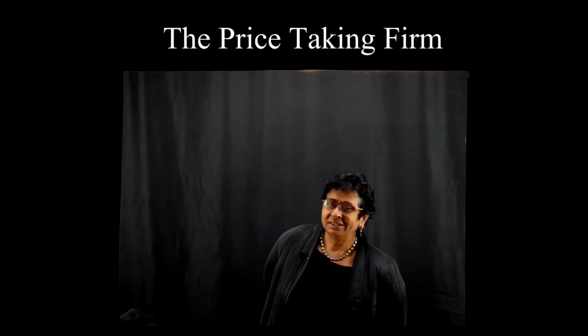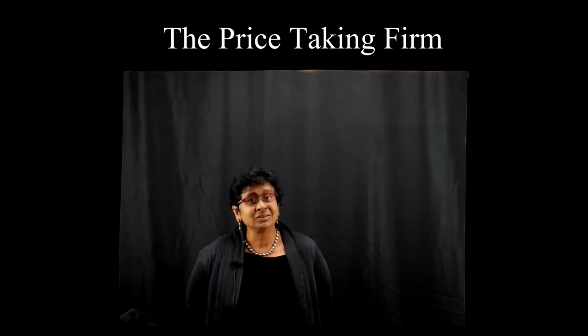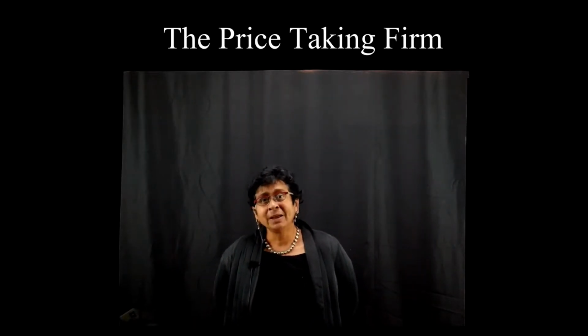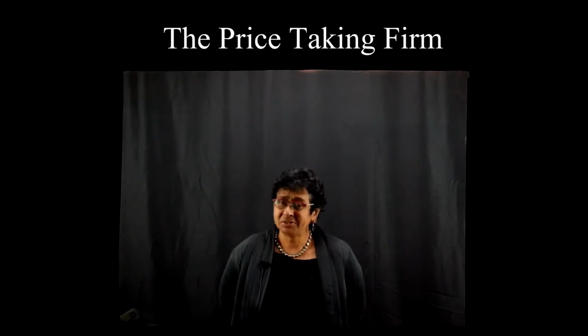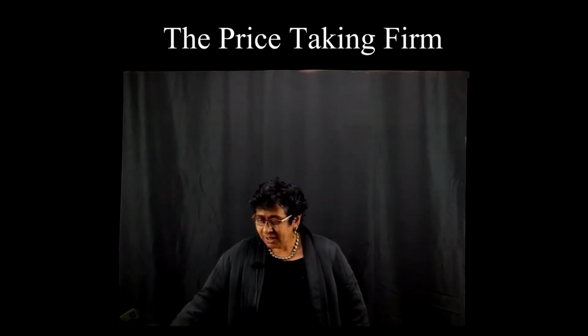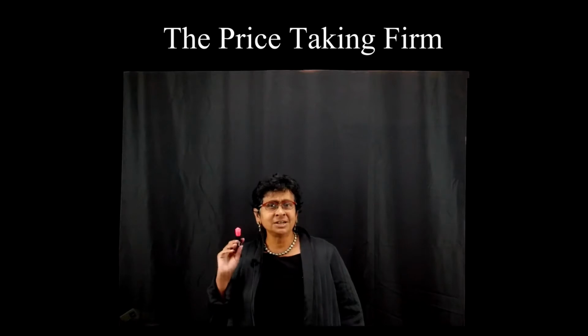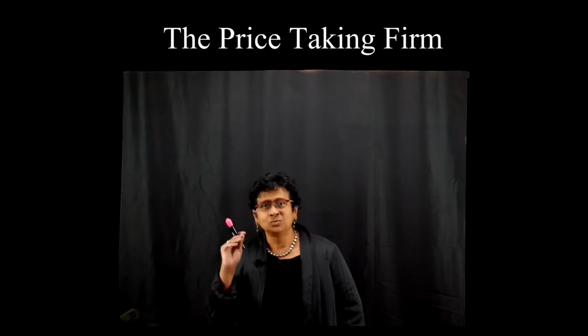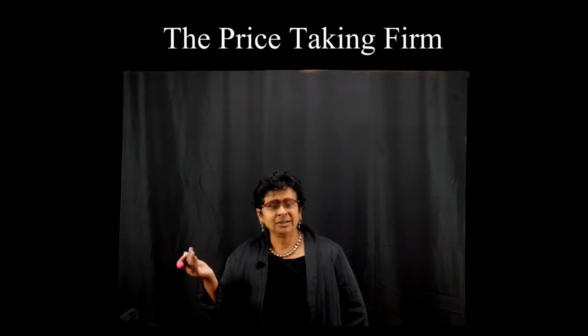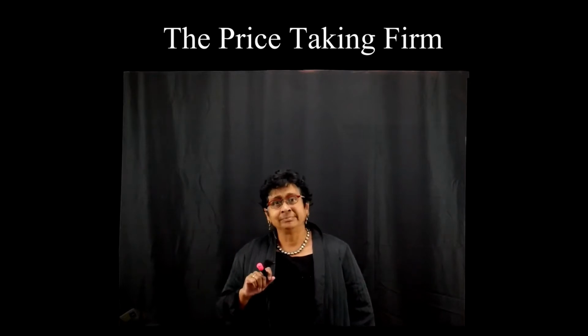Welcome back, everyone. So we learned about the idea of marginality and how it applied to all decision making. So today we're going to do our very first cut of what in economics we call the theory of the firm.